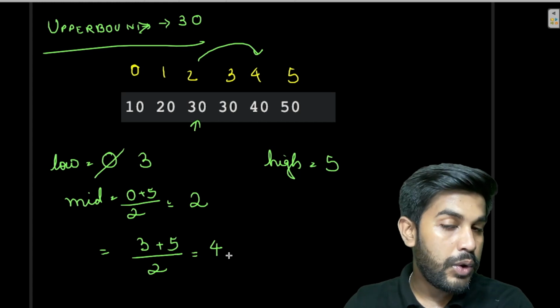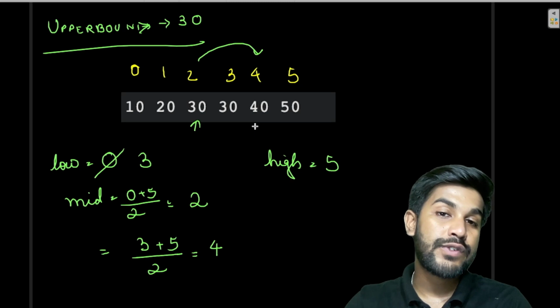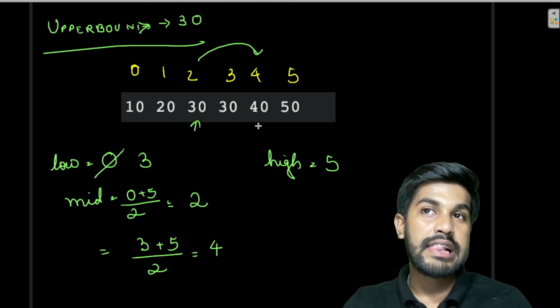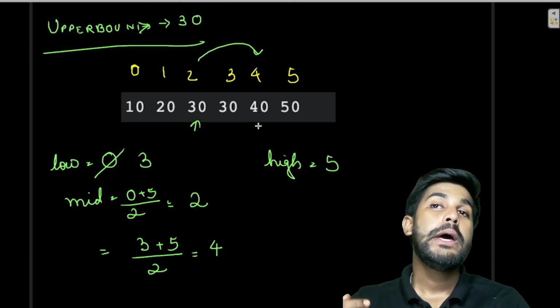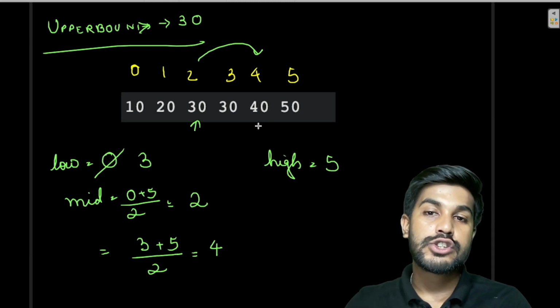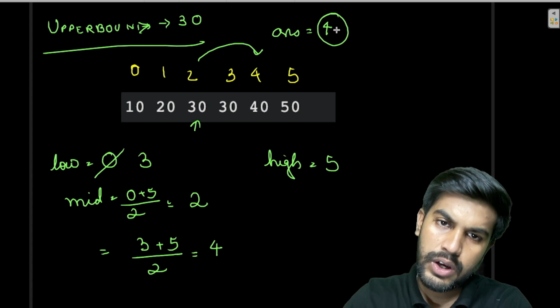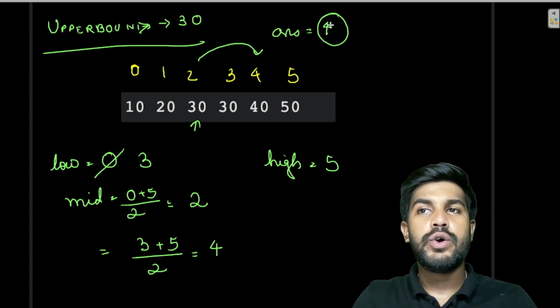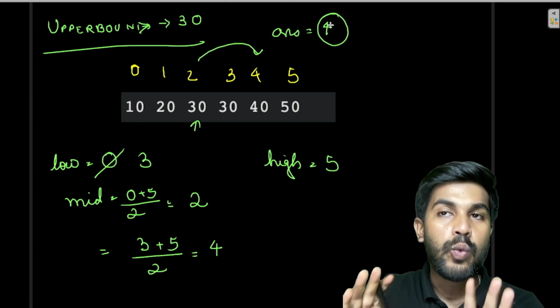Now we compare the value at 4, which is 40. Yes, that value can be a potential answer, because this value is greater than the target. So first we save this value and say answer is equal to 4 as of now. Going on the right hand side is not our thing, because we need the first occurrence, the next greater element.